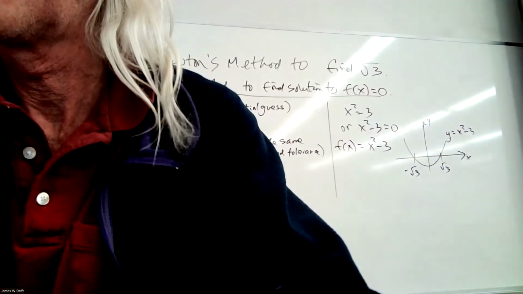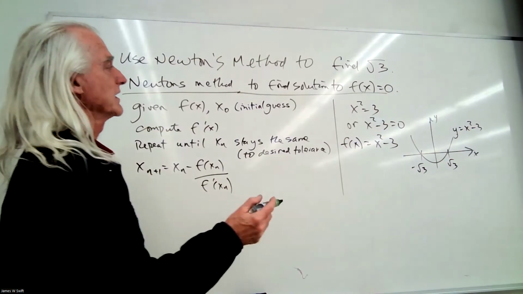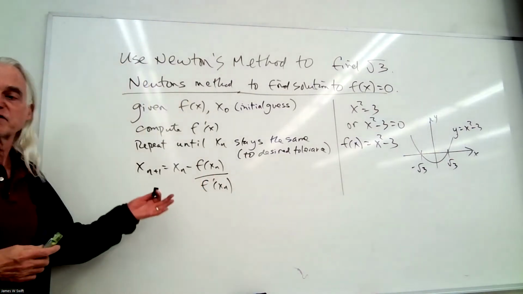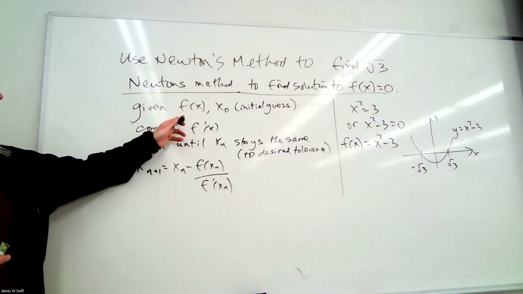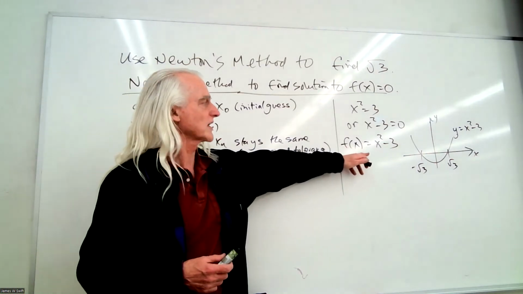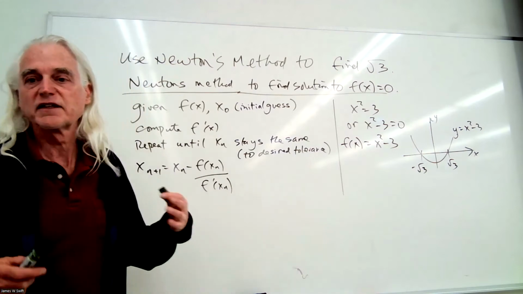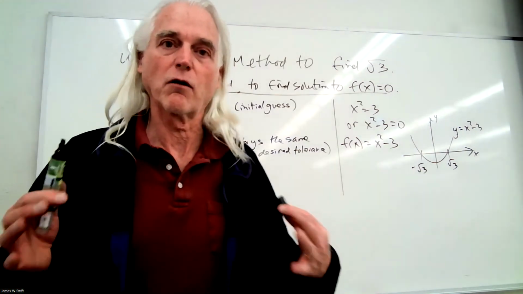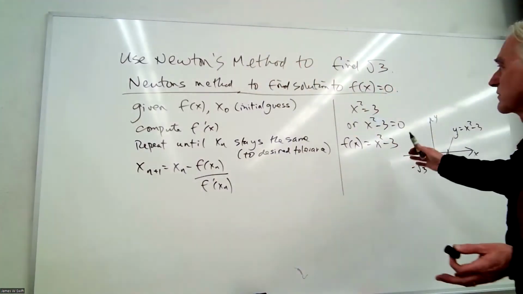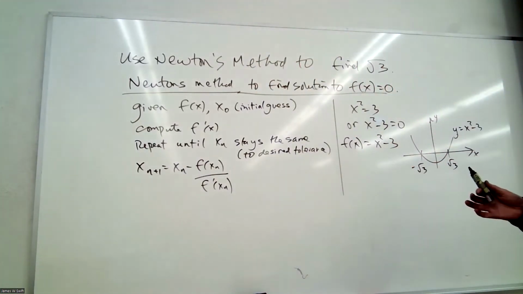So what I need, I'm going to use Newton's method. I have an initial guess, x naught. I know my formula f of x now is x squared minus 3. And that's often the key, finding the function I want to find the 0 of. I want to solve f of x equals 0 for x, okay?